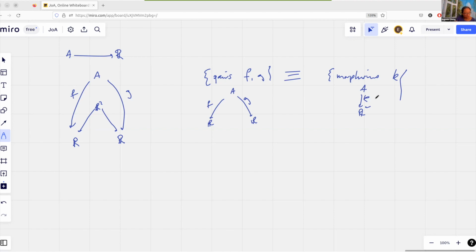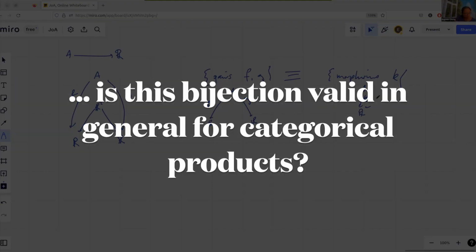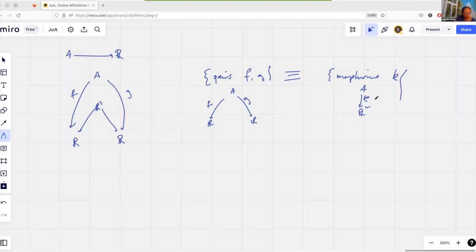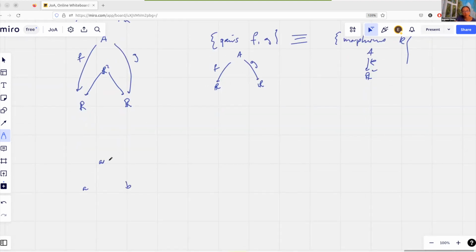So the next question is related, and it says, regarding this bijective correspondence, first of all, is this true in general for categorical products? Yes, that's part of the definition of categorical products. So what we're saying is that the definition of a categorical product gives us that if you look at the morphisms from X to A, crossed with the morphisms from X to B, right?